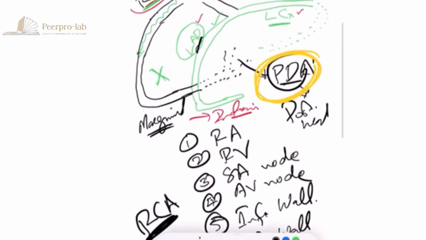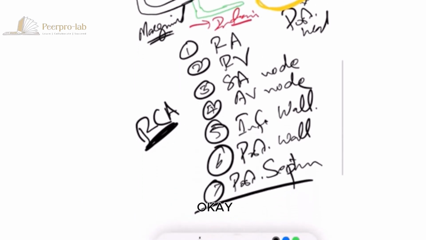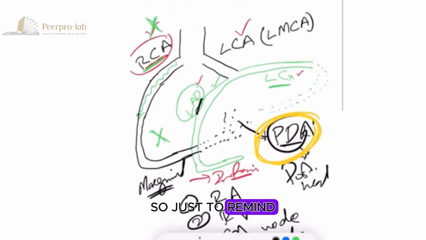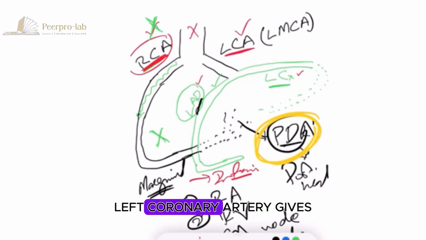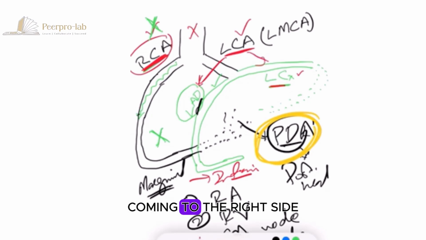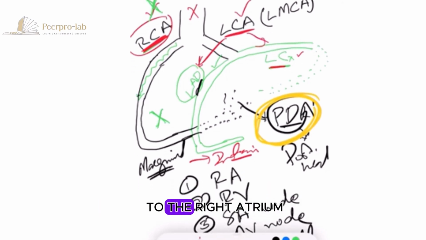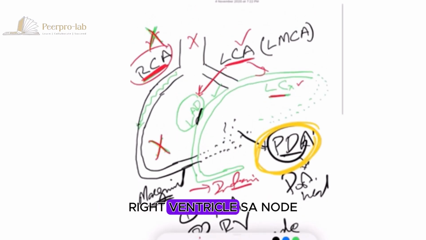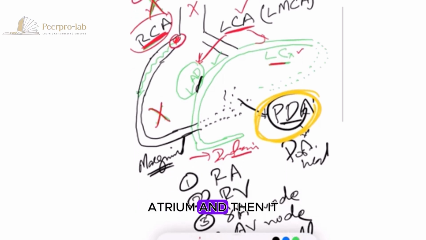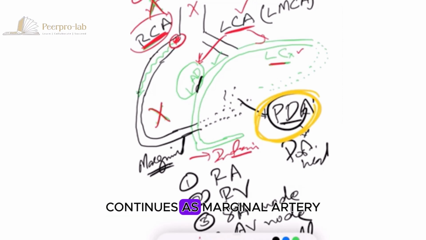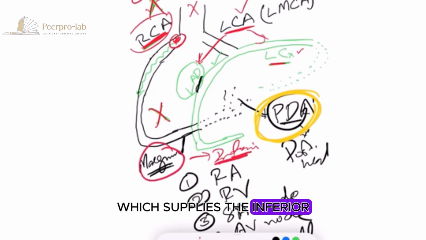Okay, and the anterior portion of the septum will be supplied by the left anterior descending artery, LAD. Just to remind you again: the aorta gives off two branches, the right coronary artery and the left coronary artery. The left coronary artery gives two branches, the left anterior descending and the left circumflex artery. Coming to the right side, the right coronary artery supplies the right atrium, right ventricle, the SA node and AV node, and then it continues as the marginal artery, which supplies the inferior border of the heart.